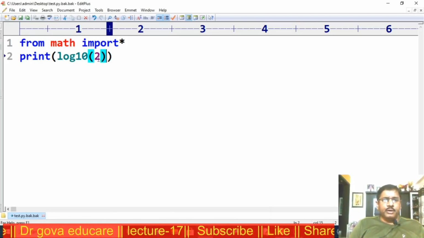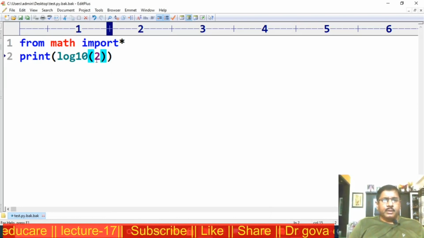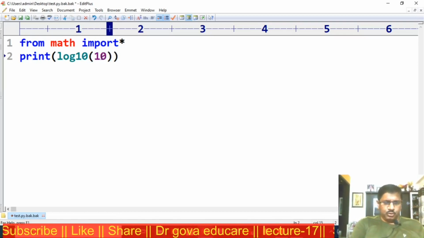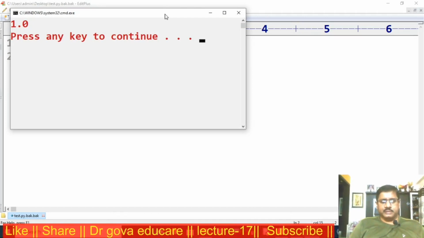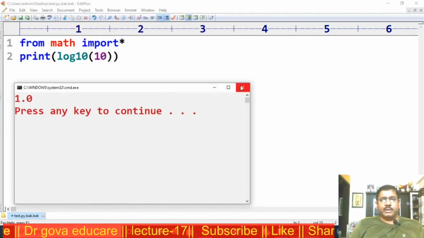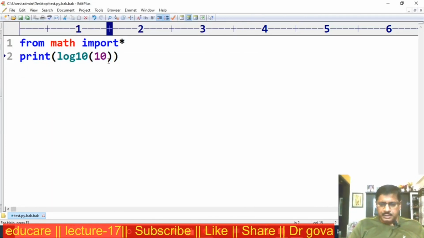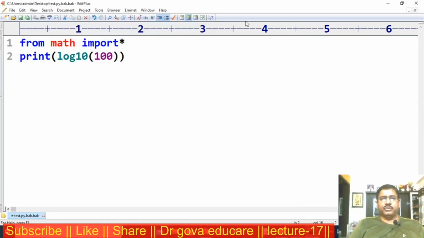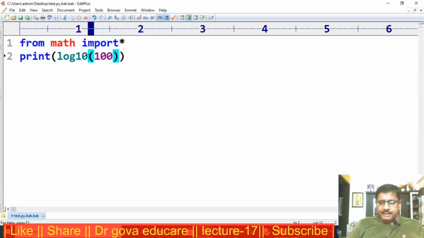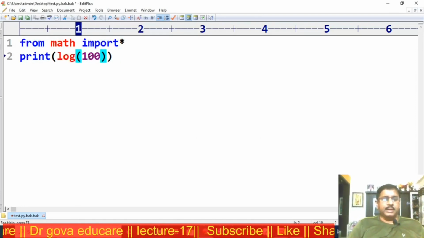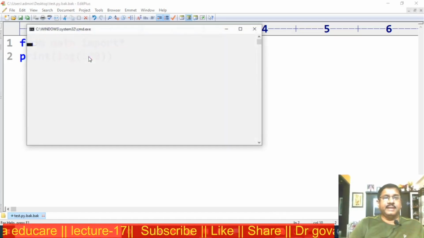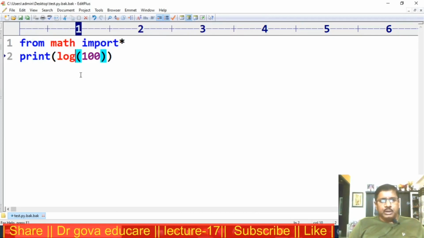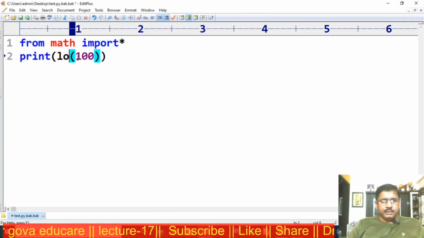Now I want to perform log 10 of 10, that is 1.0. Next, log 10 of 100, 2.0. I want to perform the natural logarithm of 100, log 100 base e, 4.6051 and so on.